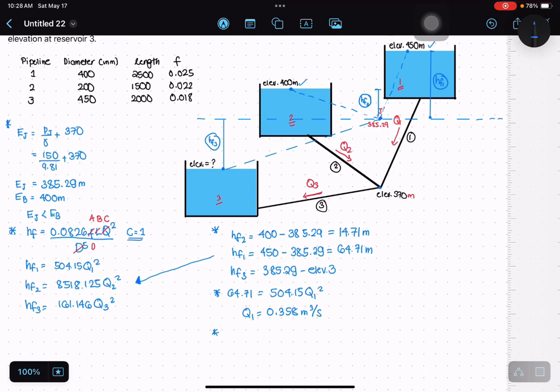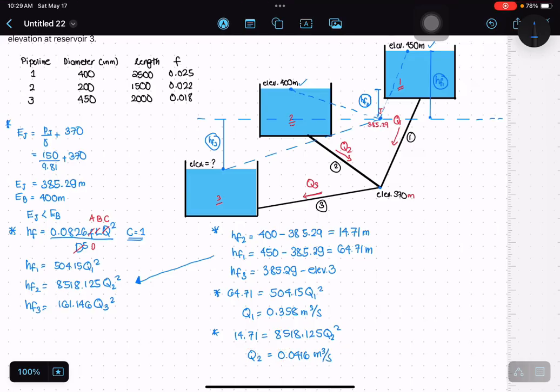And then, HF2, which is 14.71, equate natin sa 8,518.125 Q2 squared. And then, makuha natin dito na Q2 is 0.0416 cubic meter per second.